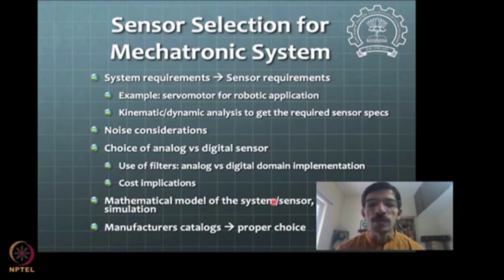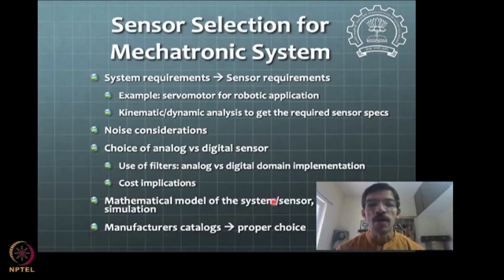You cannot immediately come up with the specifications of the sensor, but you will have some idea. Then you start developing a first design. Then with the analysis you find we need to fine tune some specifications. Design is an evolving process for mechatronic systems.